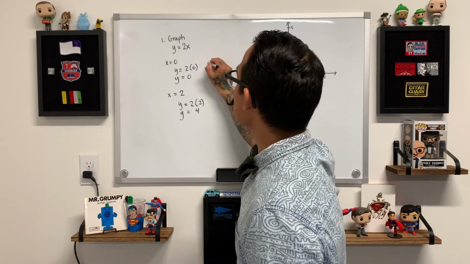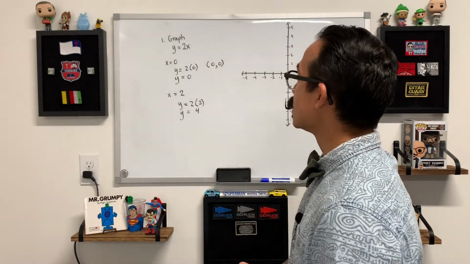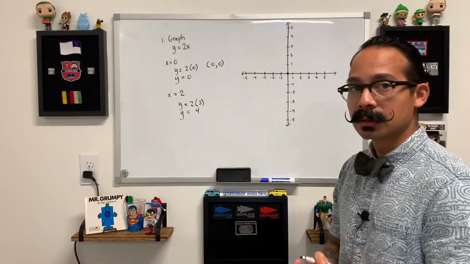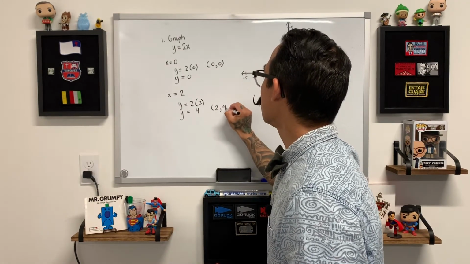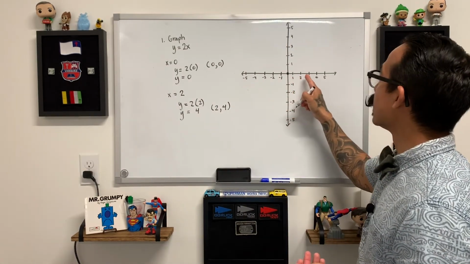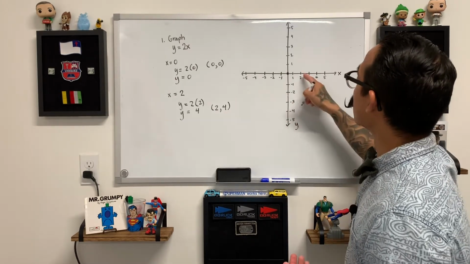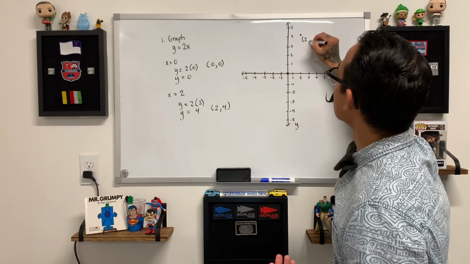So for the first example, we had our ordered pair 0, 0. For this second example, what would be our ordered pair? Yeah, it would be 2, 4. So we'd find 2 on the x-axis, we would find 4 on the y-axis, and that would be our second point.